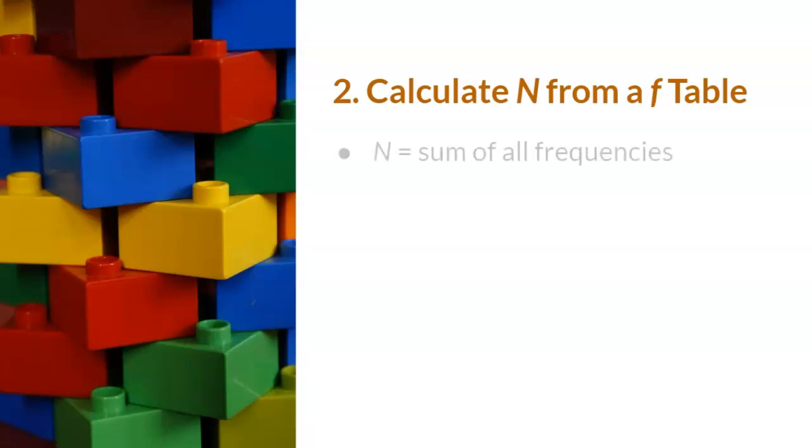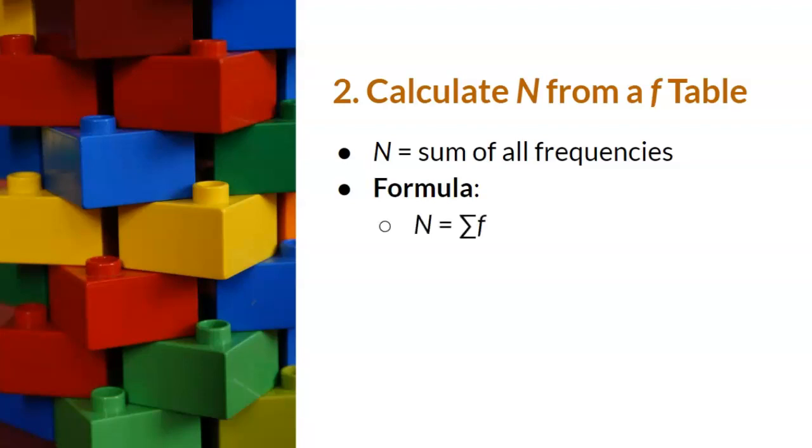In other words, n equals the sum of all the frequencies. Recall that the Greek letter Σ, called sigma, stands for the sum of. Therefore, the formula for n is n equals the sum of f.